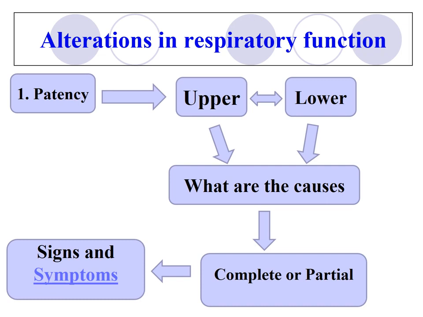Signs: that patency problem might be complete or partial obstruction. So the signs and symptoms depend upon the type of obstruction, the site of obstruction, and the extensiveness or seriousness of the narrowing or obstruction.